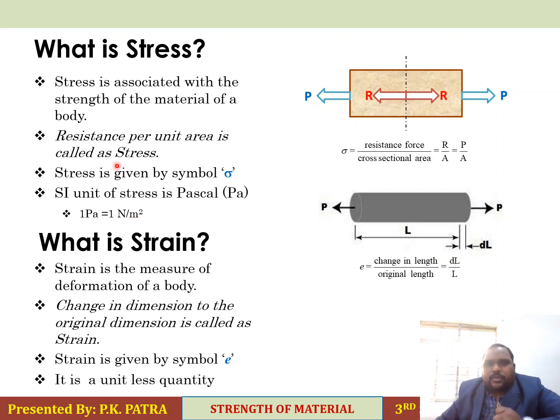So this topic is over, but let me explain what exactly stress is. Suppose a table is there. On that table you have kept 4 or 5 books. But I have seen that after putting 4 or 5 books, the table is not breaking or bending.